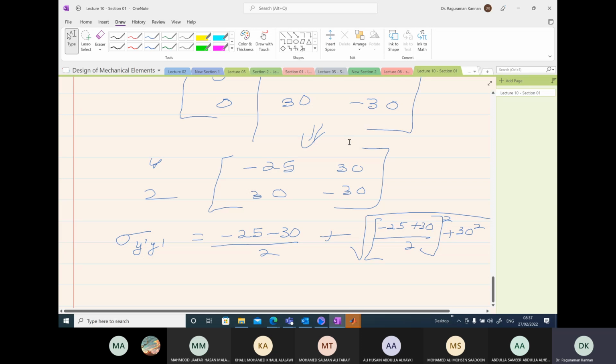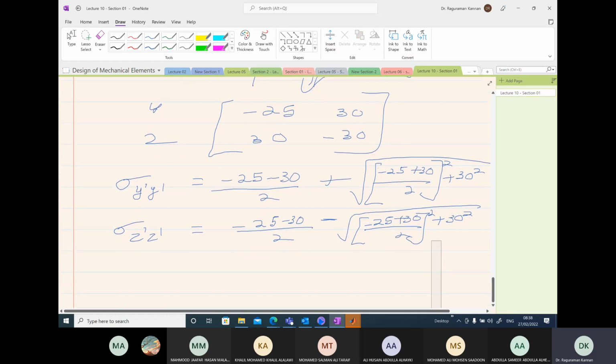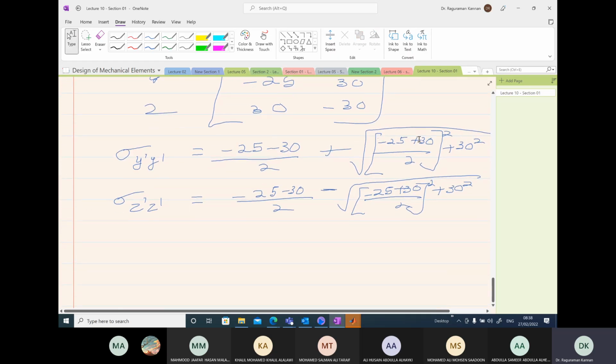And similarly, z prime will be the other value, the negative of the square root, plus 30 squared. And with respect to the YZ axis, you can find the angle phi.